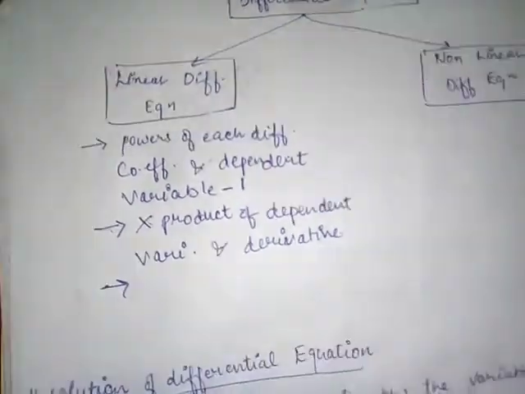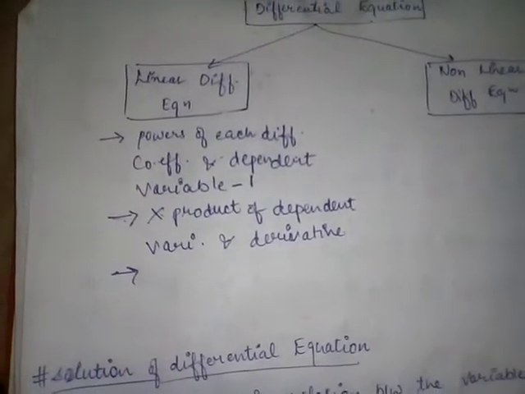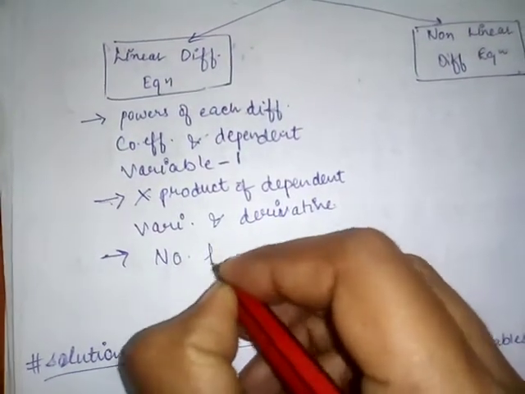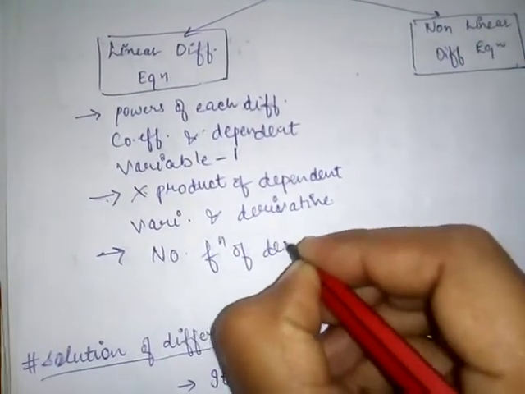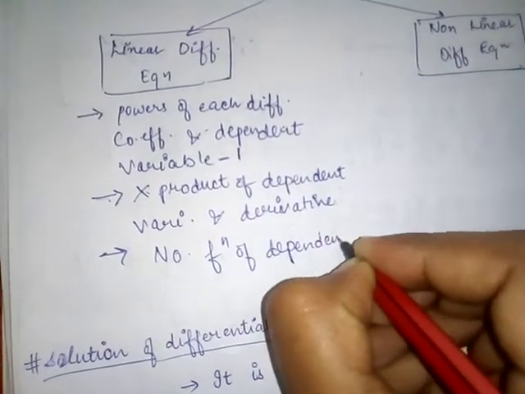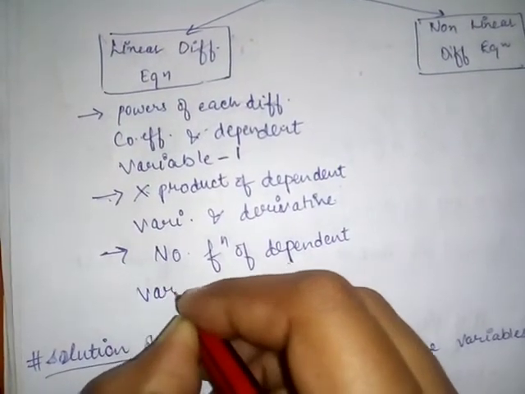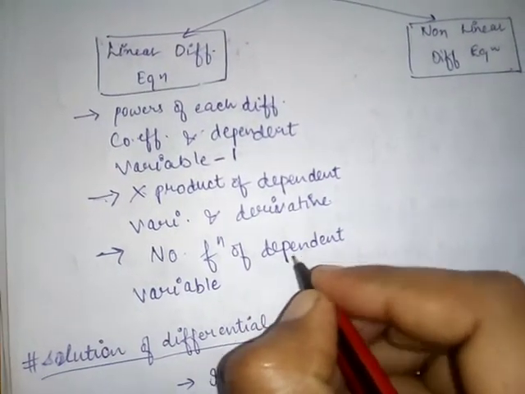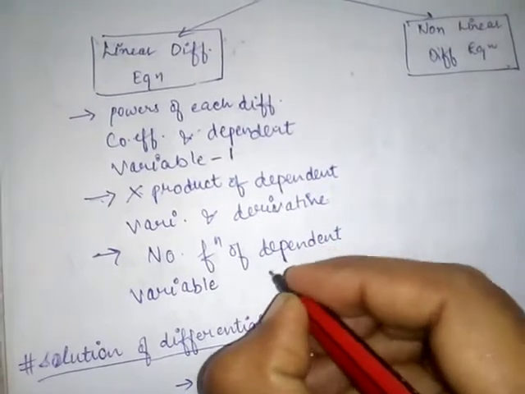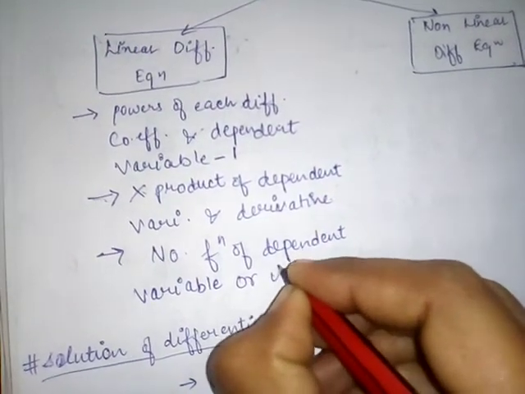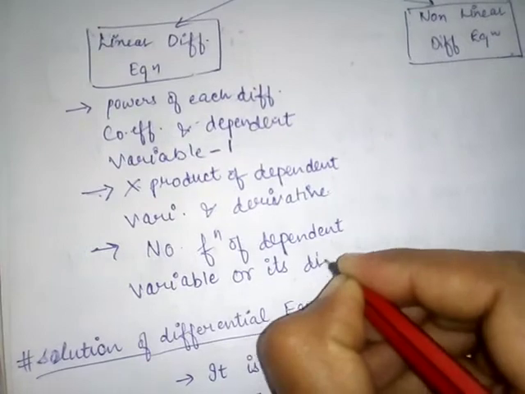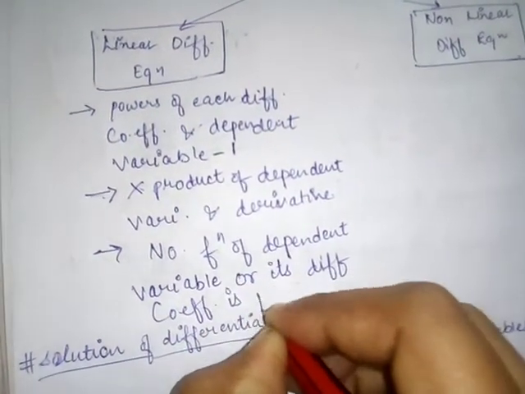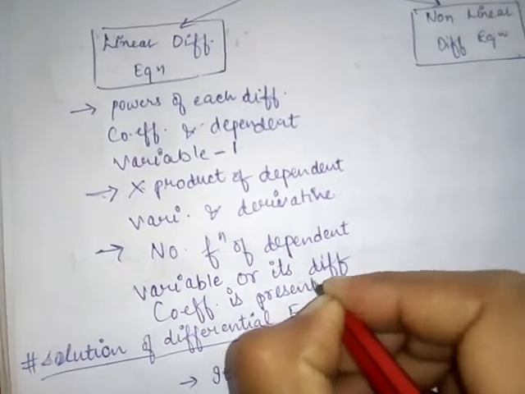Third condition is no function of dependent variable or its differential coefficient is present. This is the third condition.